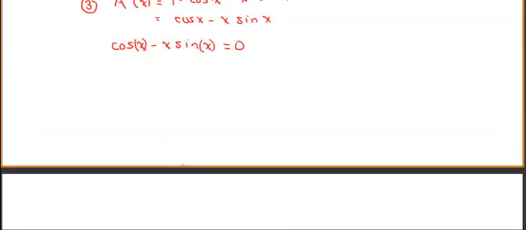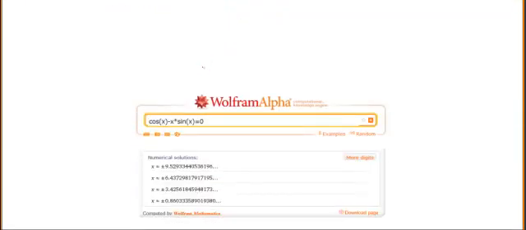So I'll have x is equal to 0.8603, and maybe I should say approximately that big, because that won't be an exact answer.